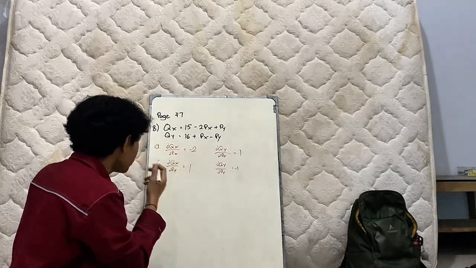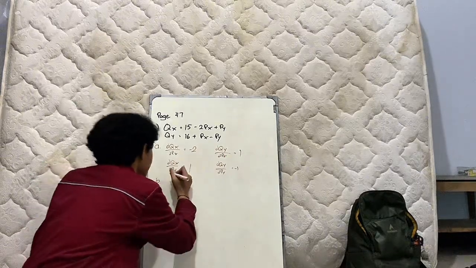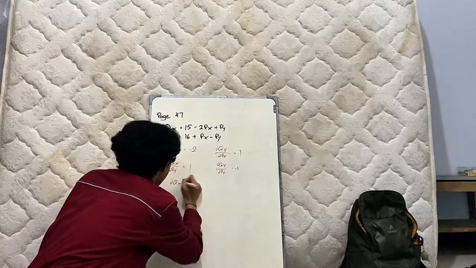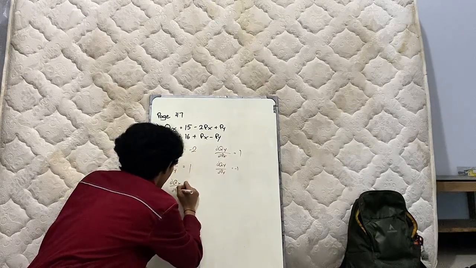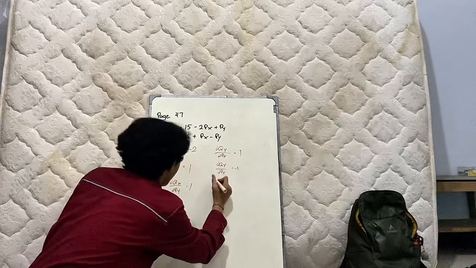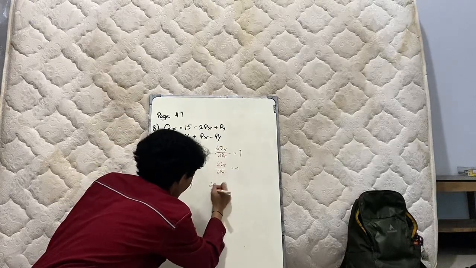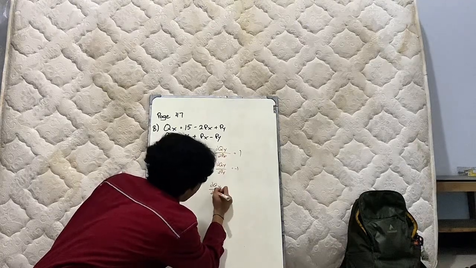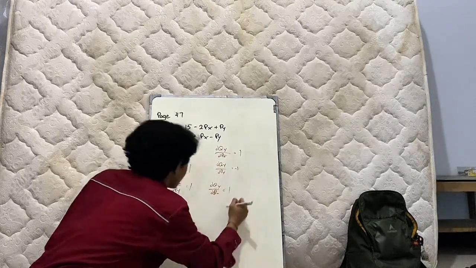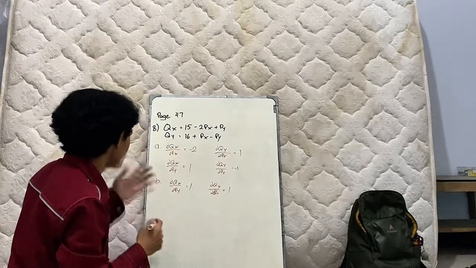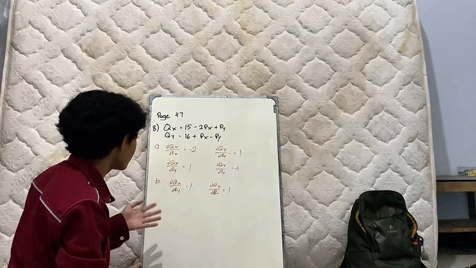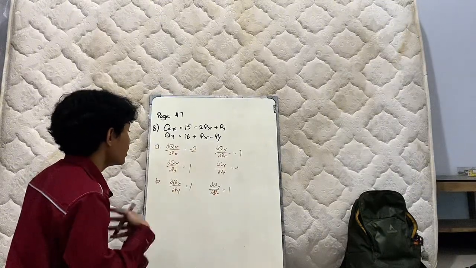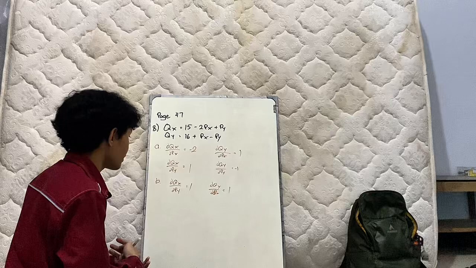So let's look at the cross price effects, which are dQx/dPy, which is +1, and dQy/dPx, which is also +1. Since both of them are positive, it means when the price of one product increases, the demand of the other product also increases.